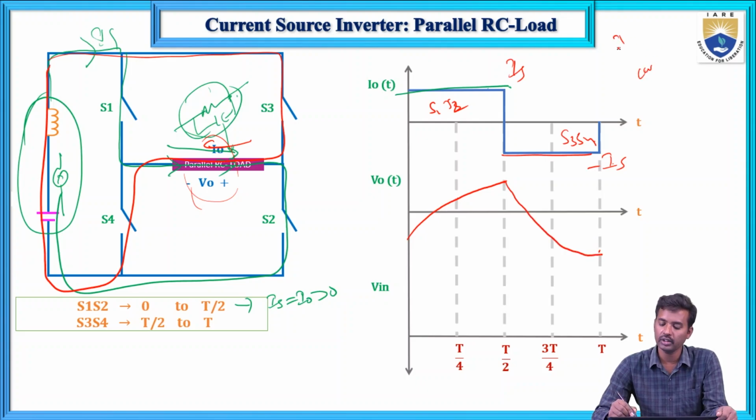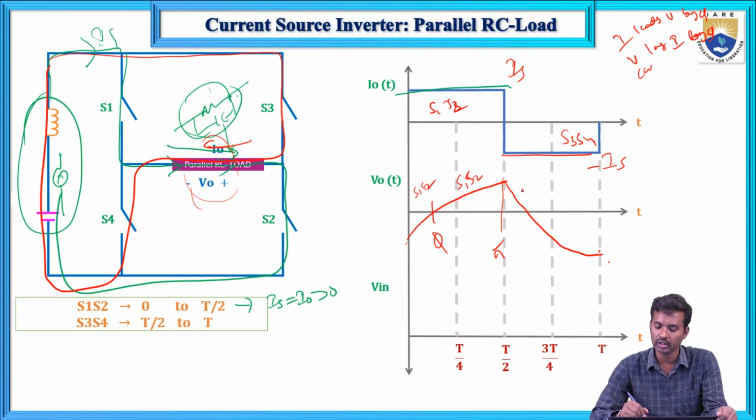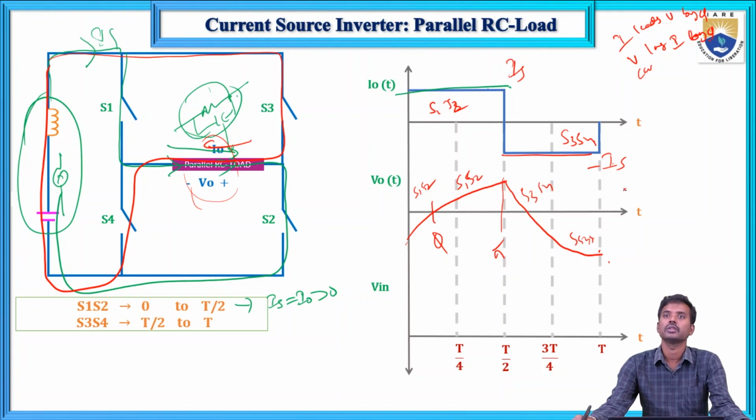Here current leads voltage by some phi angle, and voltage lags current by some phi angle. So from 0 to pi, S1 and S2 switches will conduct, and then S3 and S4 switches will conduct.